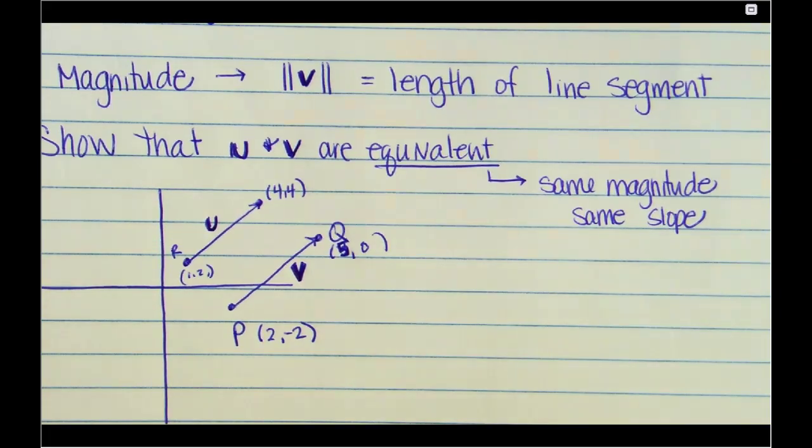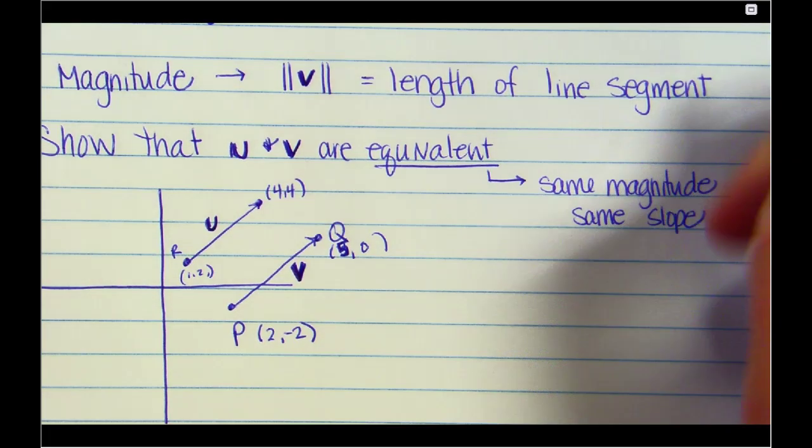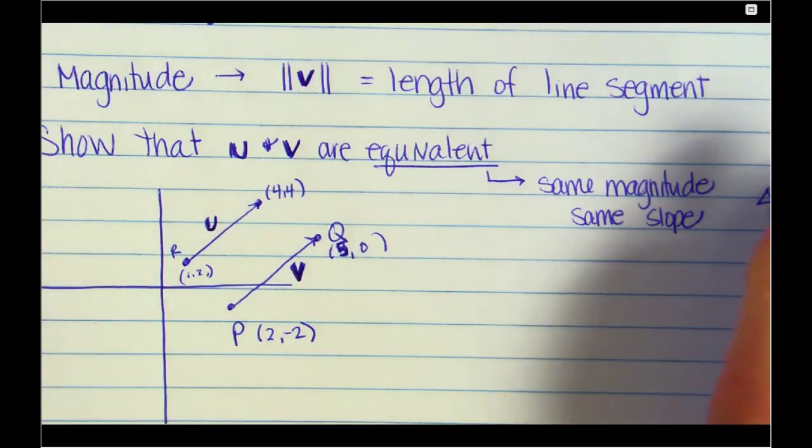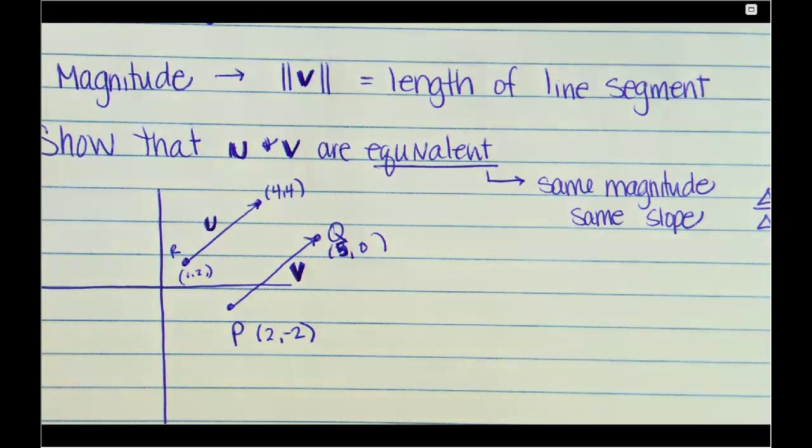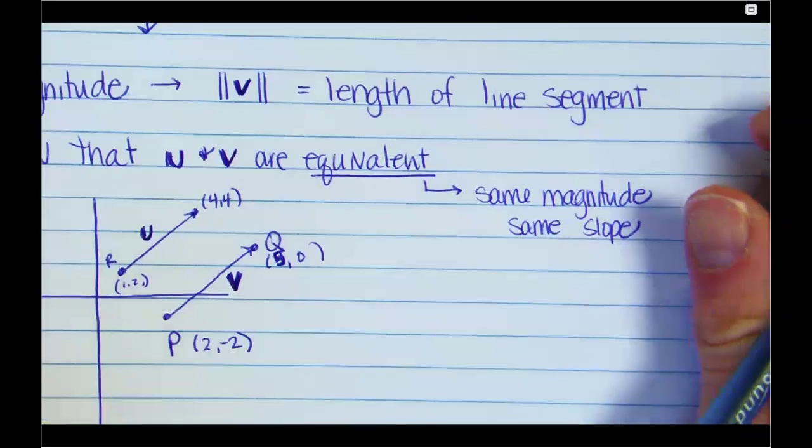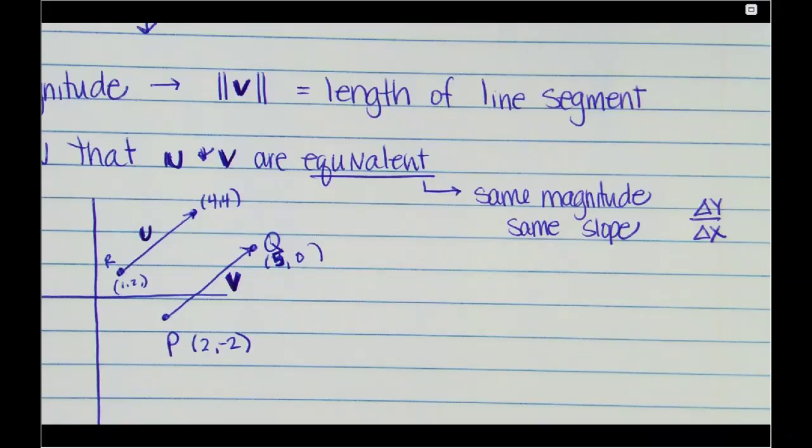Okay, so listen. You guys, the beauty about slope is change in y over change in x. So you got to have change in y over change in x for both of them.